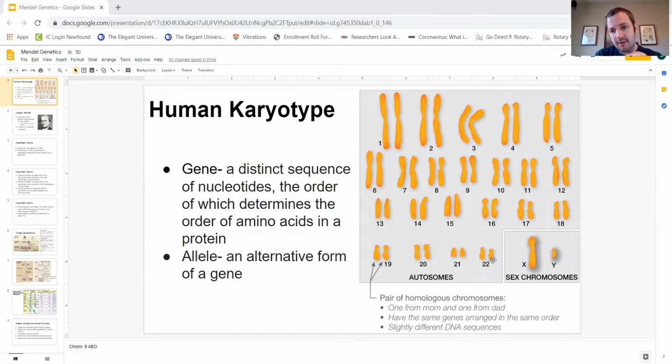Remember that humans have 46 chromosomes. Most of them are the autosomes, which come in pairs. One from your mother, one from your father.